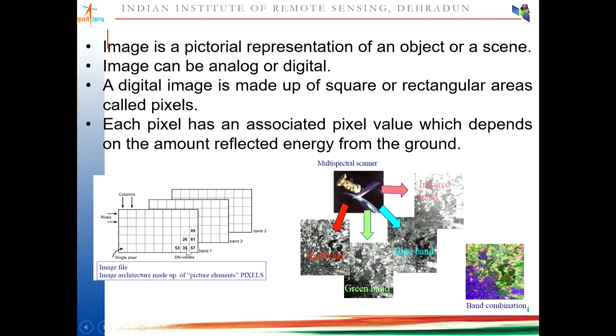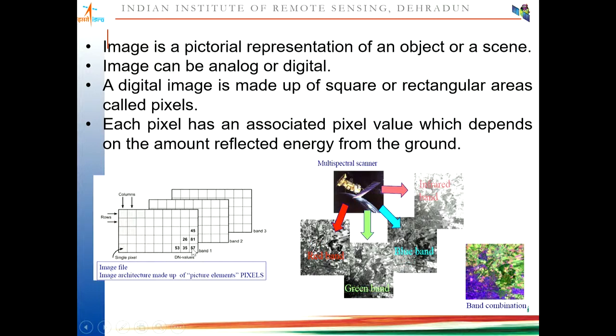Now here, because we have multispectral sensors, each image could be composed of multiple regions or multiple bands or channels, each band or channel corresponding to one region of the electromagnetic spectrum. If you see here, each pixel is associated with a digital value or a number, and this is called the digital number.